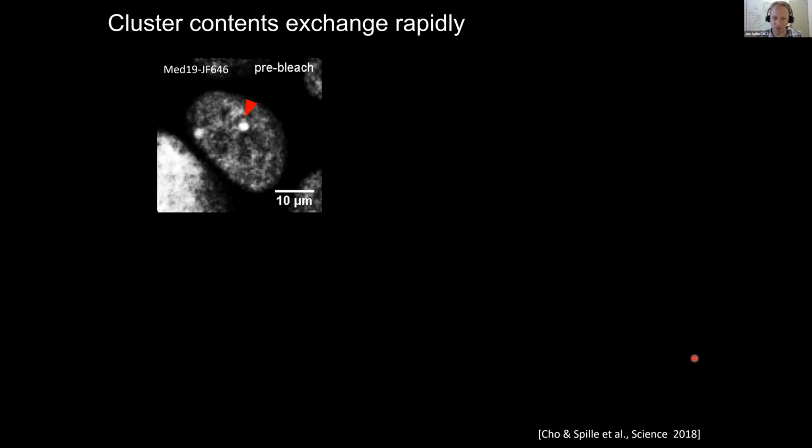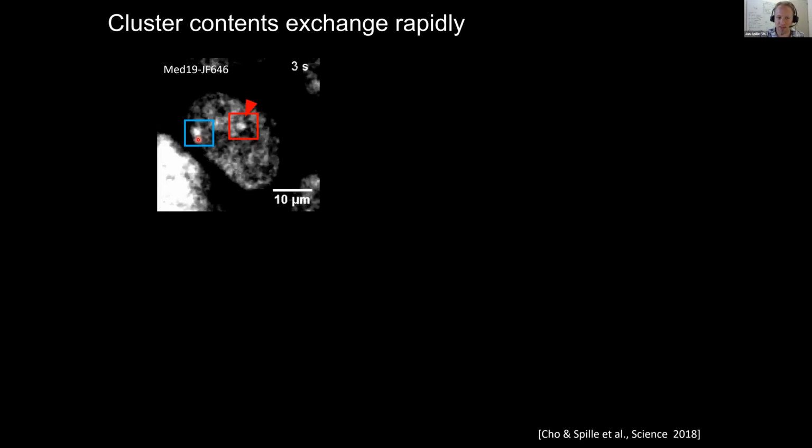So we did fluorescent recovery after photo-bleaching experiments, where we ablated the fluorescence of one of these foci with a strong laser pulse. And then we have a control cluster over here. And then we tracked the recovery of the signal over time. And now note the time scale here. This is seconds.